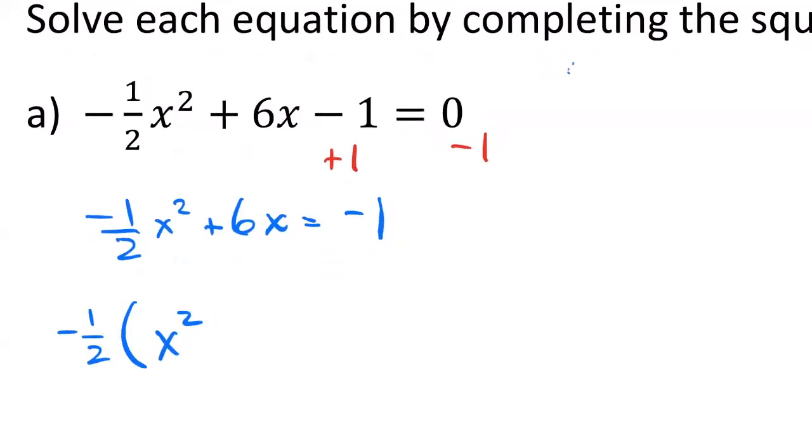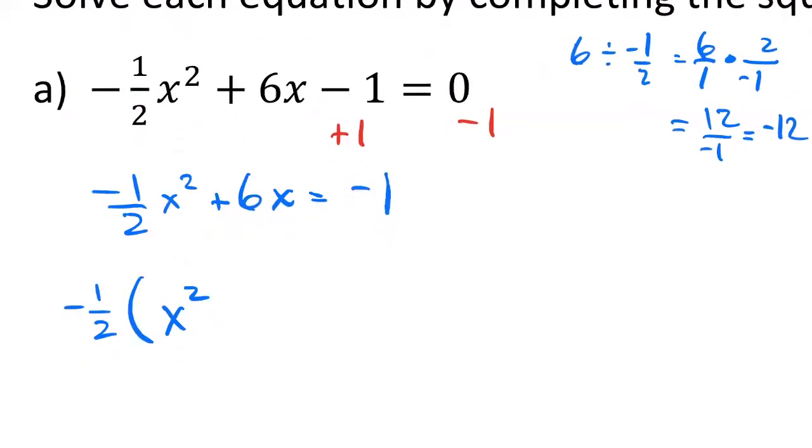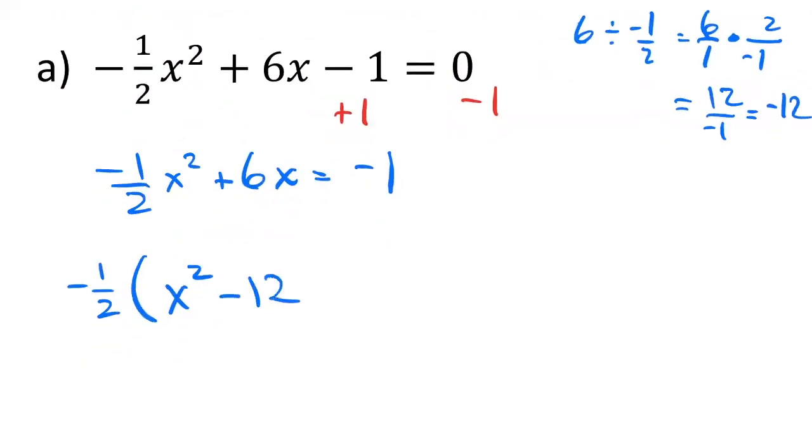Otherwise, you're going 6 over 1, copy, dot, flip, 2 over 1. If you put the negative on the bottom, it's not a big deal. That is equal to 12 over negative 1, or just negative 12. So this becomes minus 12.